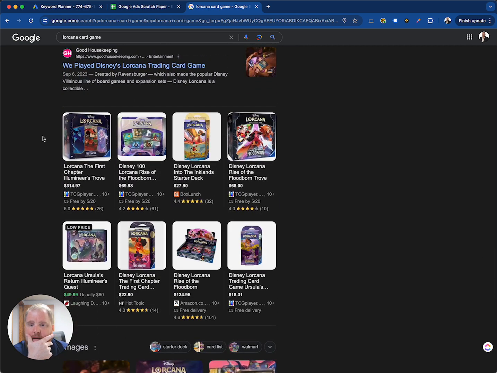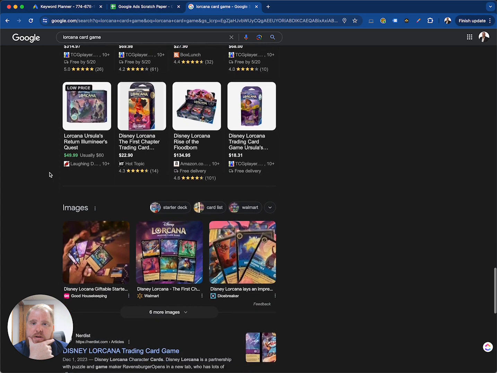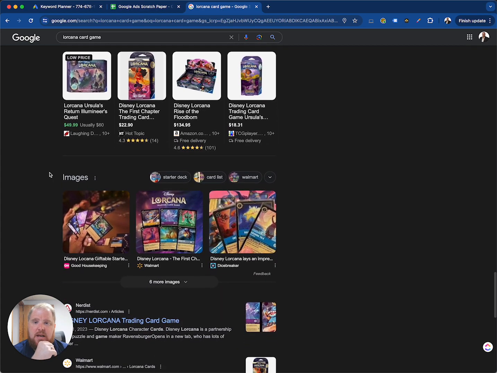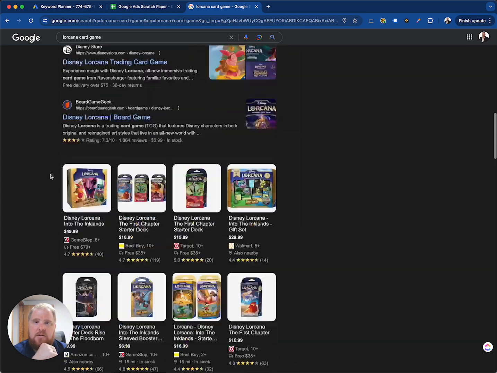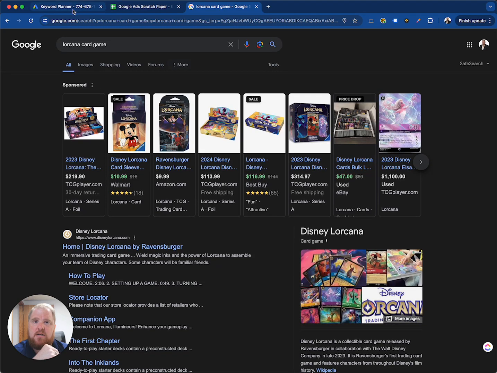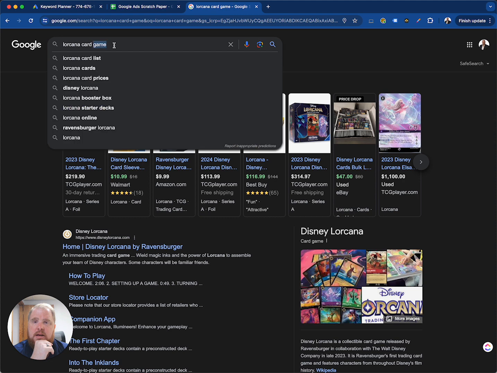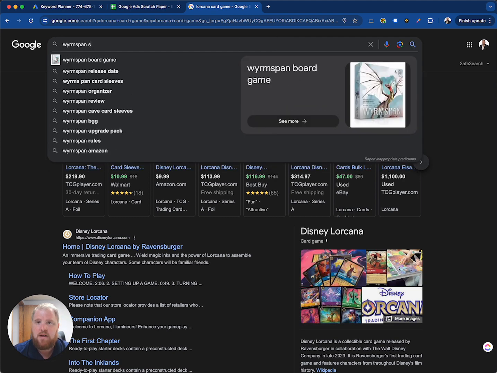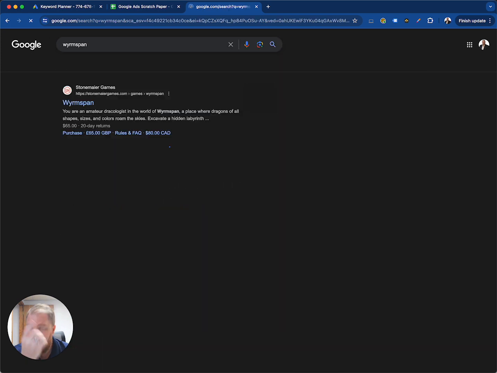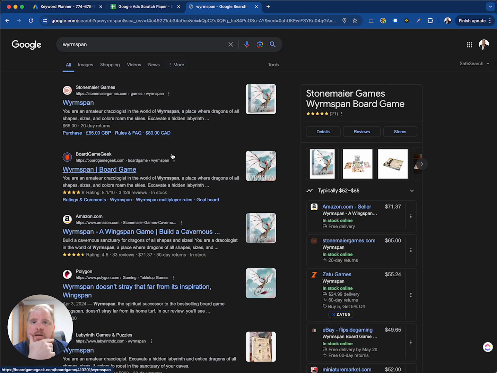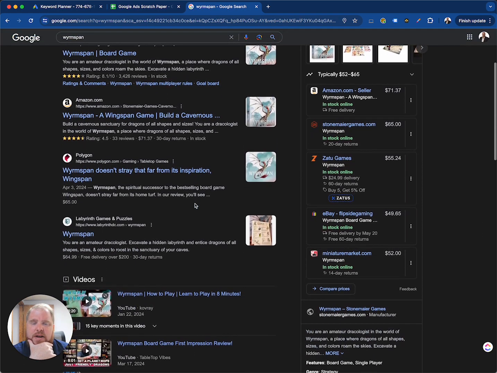And so you're going to want to focus on specific keywords related to that. Maybe one of the other ones is, you're looking at Wormspan.